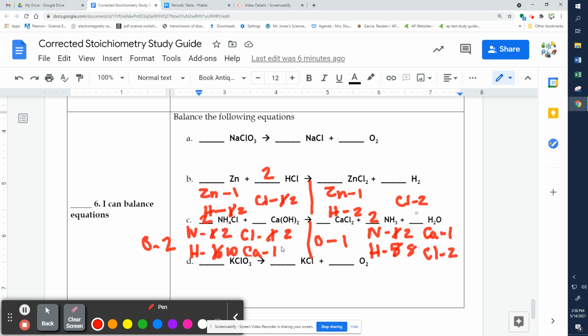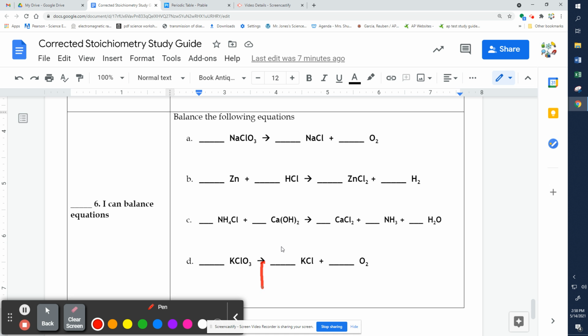In order to balance my oxygen, I'm going to put a 2 in front of my H2O. That is going to give me my two oxygens. It will also change my hydrogen. So I have 6 here and then 4 here for 10 total. And then everything balances.